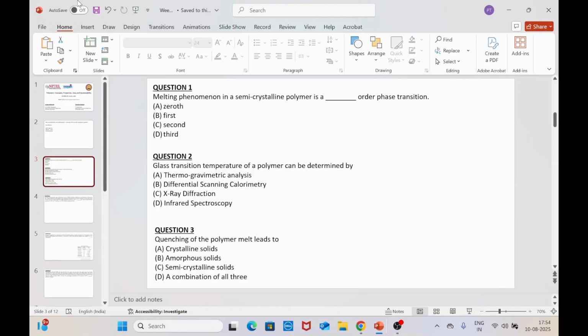Melting phenomenon in semi-crystalline polymers is a: zeroth order phase transition, first order phase transition, second order phase transition, or third order phase transition.